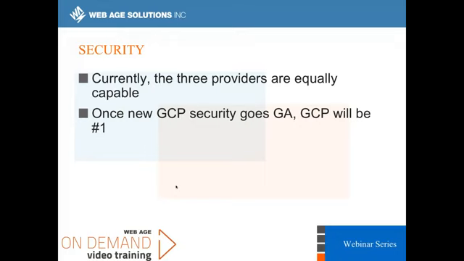There's an enormous number of times when people have just removed the security and bad things have happened. But as things stand, every cloud provider is equally capable right now. When the Titan chip gets rolled out across the GCP fleet, Google will be ahead and will be that much more secure.